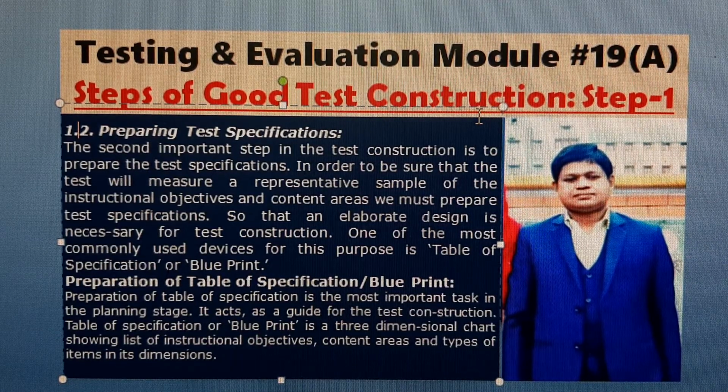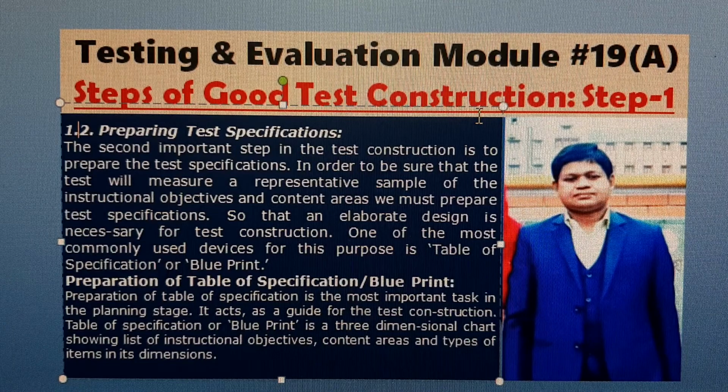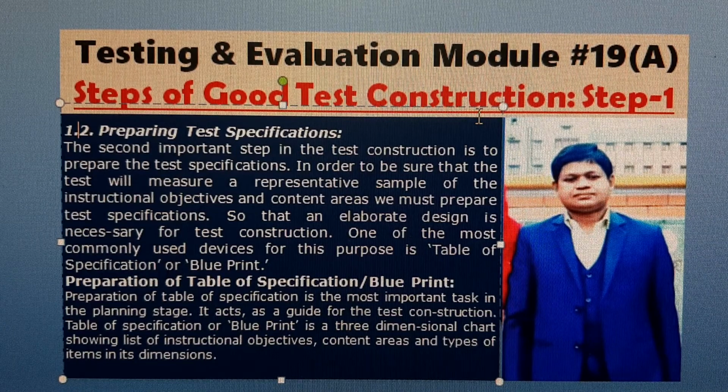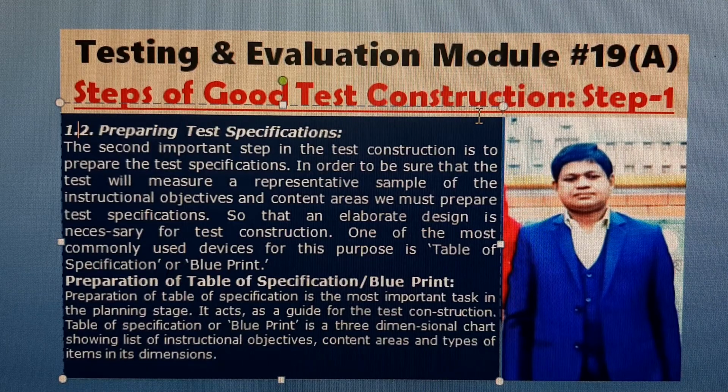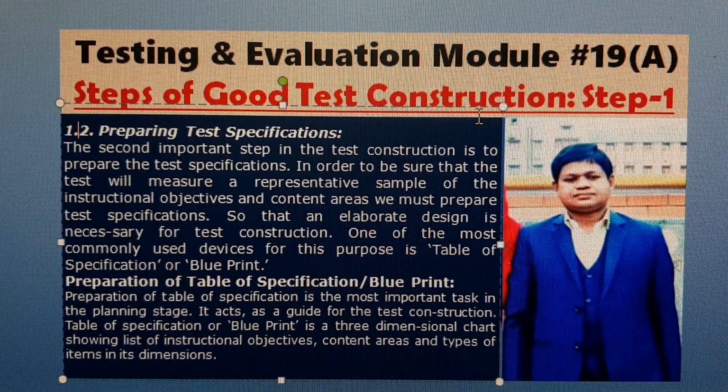The second important step in the planning of the test construction is to prepare the test specifications. In order to be sure that the test will measure a representative sample of the instructional objectives and content areas, we must prepare test specifications, so that an elaborate design is necessary for test construction.